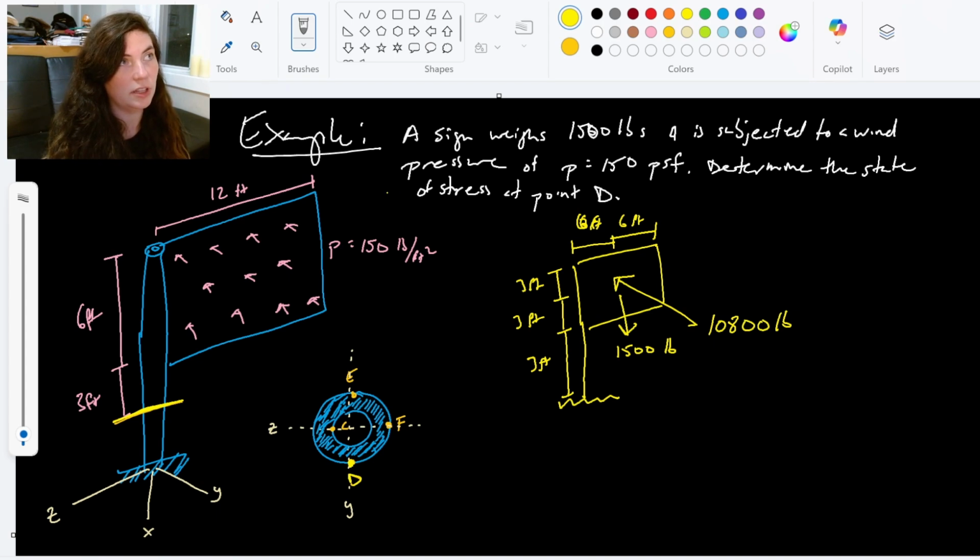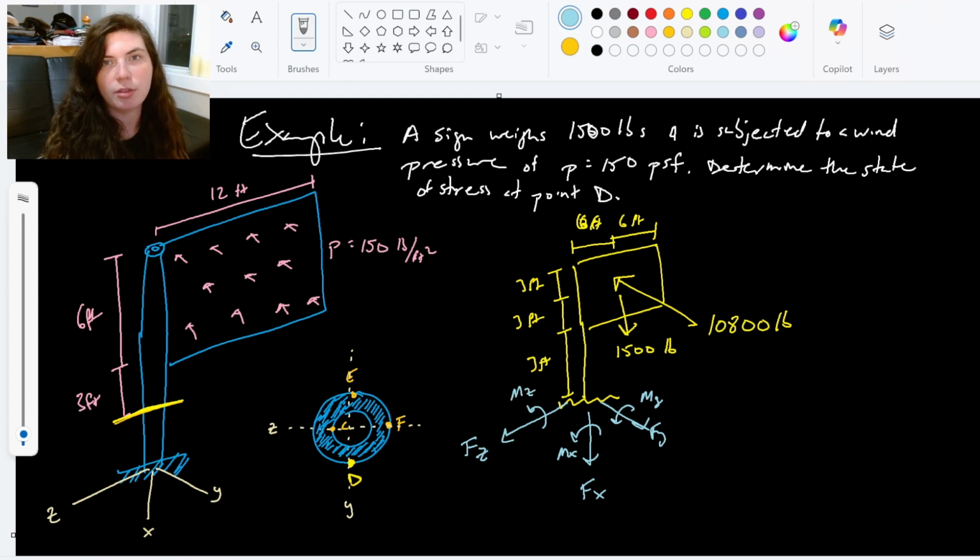I can just solve for the internal forces, which in this case are Fx, the moment about the x-axis, Fy, the moment about the y-axis, Fz, and of course the moment about the z-axis. So this time we're working in a lot more 3D space. We have 6 unknowns and 6 equations that we need to apply.